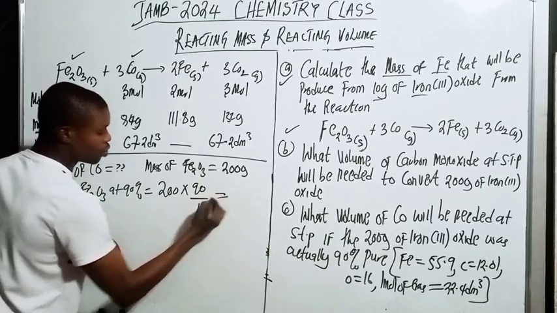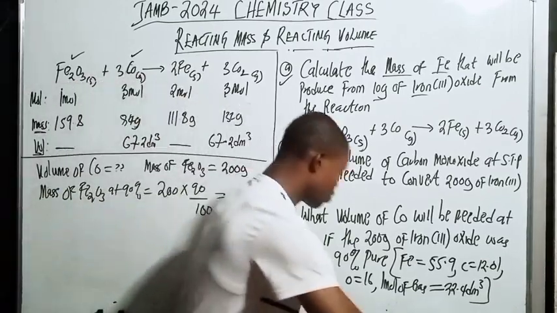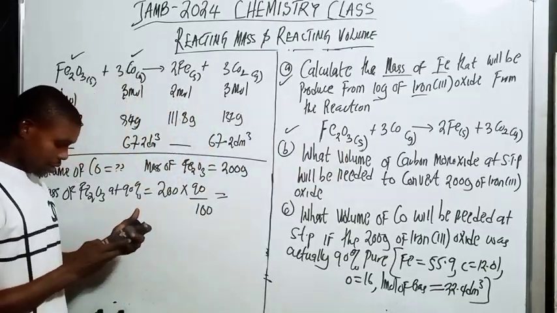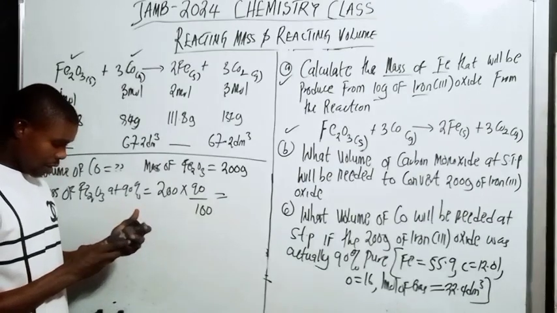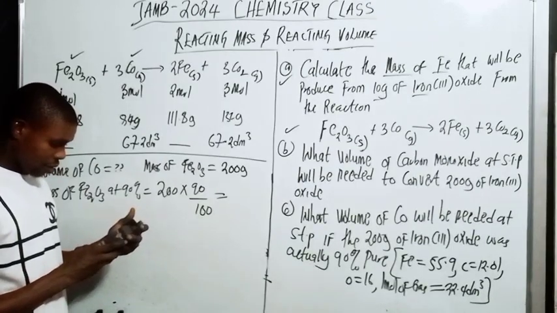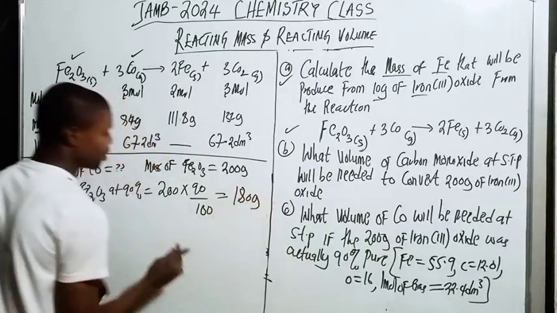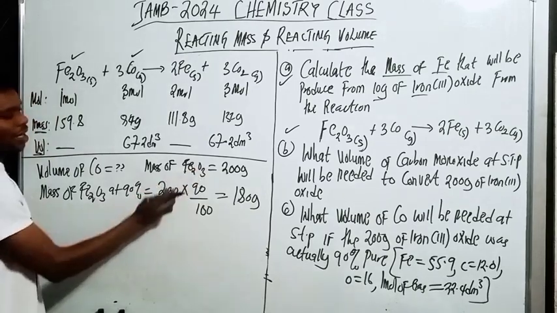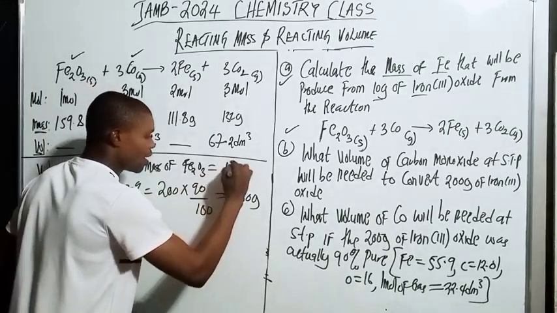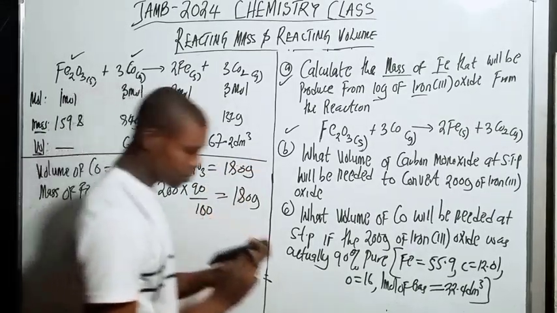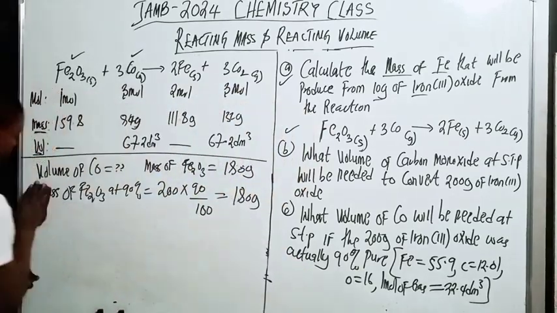Do you understand? So you want to use your calculator to punch it. 200 times 90 divided by 100. Here we have 180 grams. So the mass of iron trioxide is now 180 grams. Do you get that?